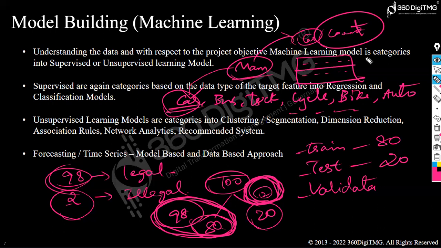Now, the road contains a bus. The man is trained only on cars, so he will not count this. Next time, the road has a car, so he'll identify it and count it. Next time he has a bike, and next time he has an auto, and next time he has a car.